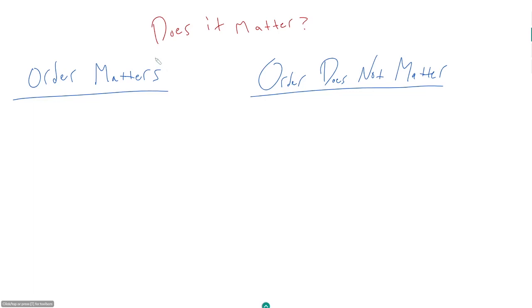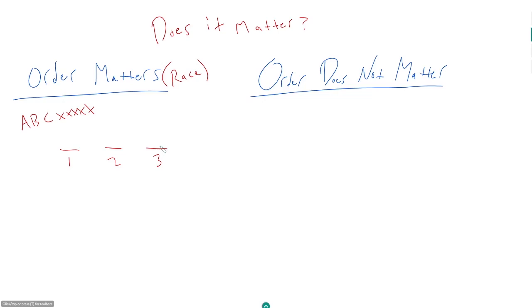So what would be an example of an order matters scenario? That would be something like running a race. So let's say I have a bunch of people competing in a race. I have A, B, and C, and a bunch of other people. And I want to know how many ways I can arrange these people in first, second, or third place.